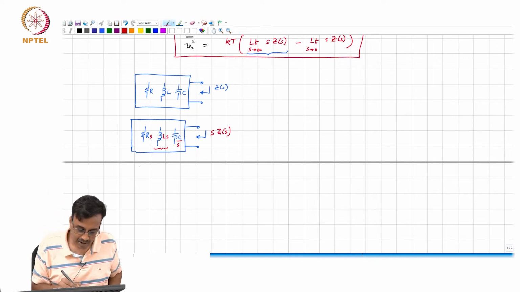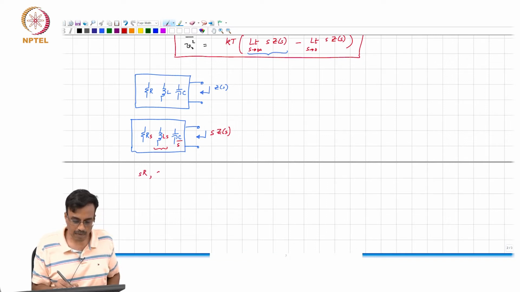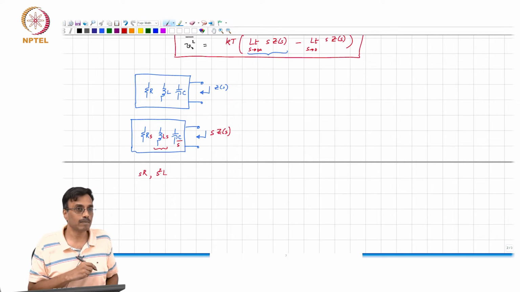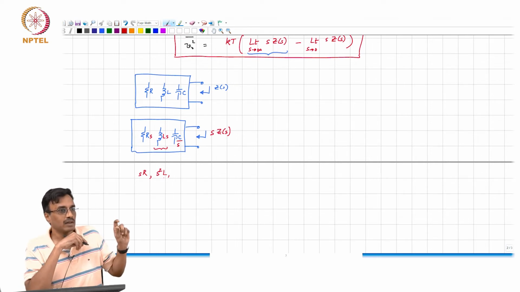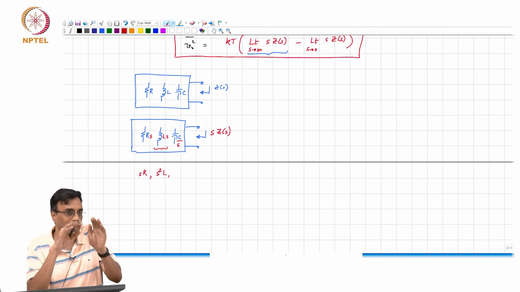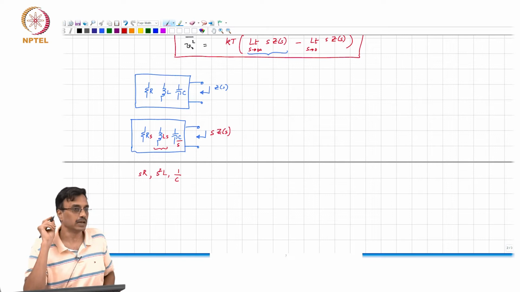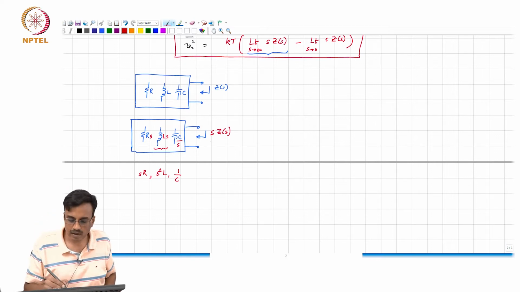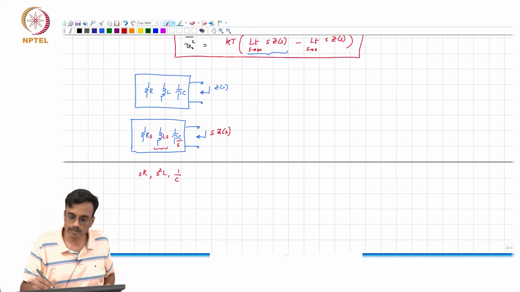So, every resistor has now become sR, the impedance of the inductor has become s square times L, and the impedance of the capacitor has become, what was the impedance of the capacitor earlier? It is 1 over sC, multiplied by this complex number s. So, this has become 1 over C, correct.